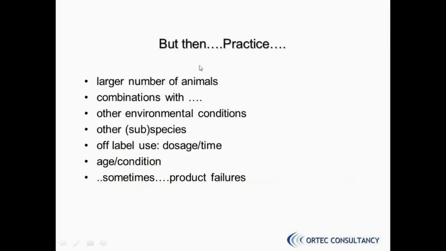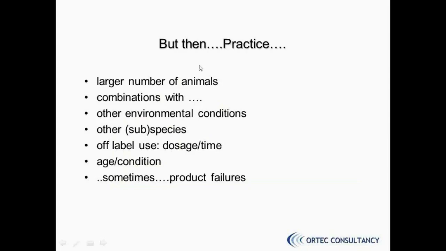And then when we do put the product out in practice, there are a larger number of animals that it's used with. Veterinary surgeons will use products in combination with other products. Their environmental conditions are different. We have other species or subspecies. We can have off-label use in dosage or time. And we also have a condition.